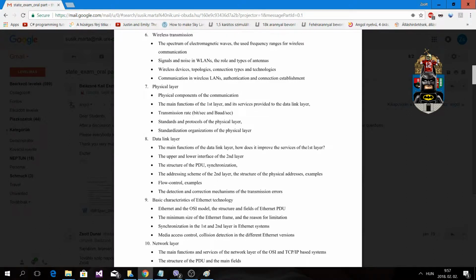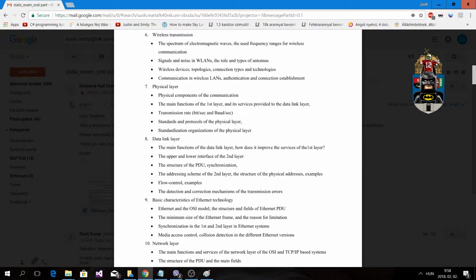Here everyone can come up with the traditional or famous ones like 10 megabit per second or 1 gigabit per second, and the baud per second is a bit different. The baud simply means how many times a signal has changed in 1 second. So this is a symbol which should be defined.